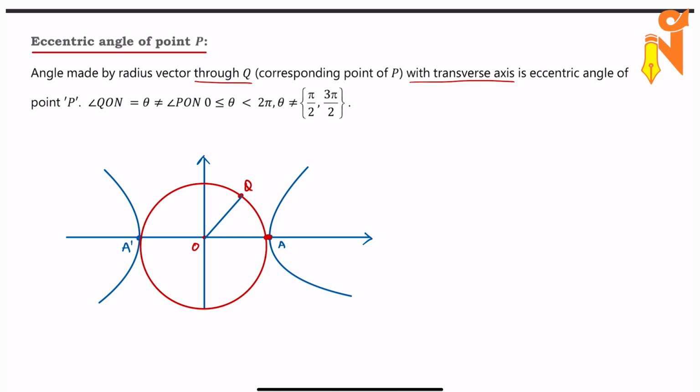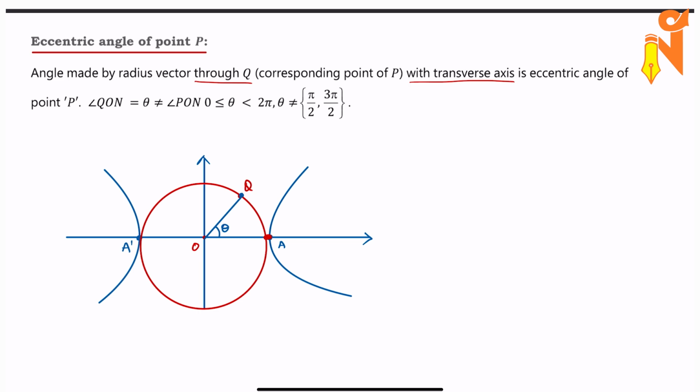The angle made by the radius vector is theta. The corresponding point of Q on the hyperbola will be P. Now you have to get the corresponding point of Q on the hyperbola.